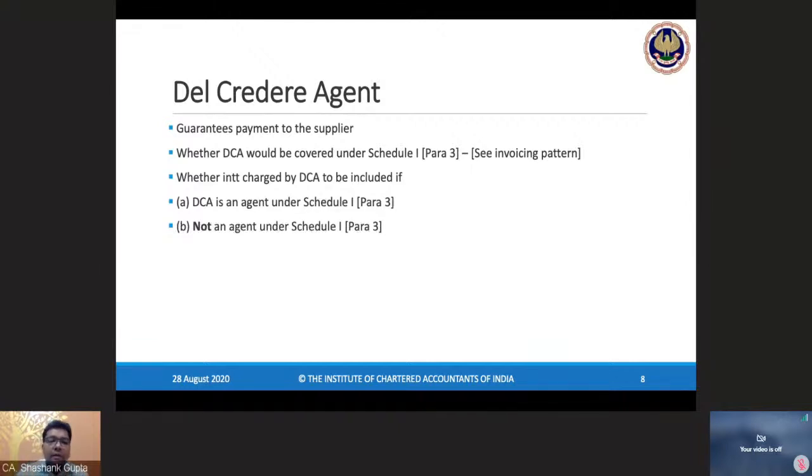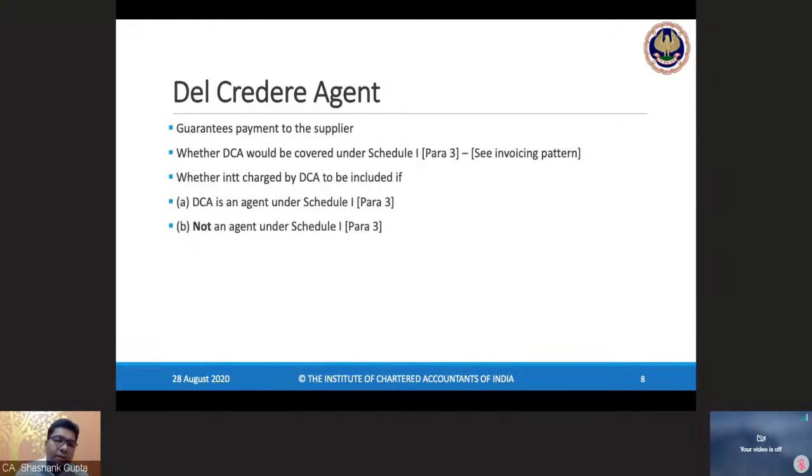I appoint another agent. He says, I can bring you an order for 10 crore rupees. I said, very well, I can pay you 10% commission, but I have had some bad experience in the past. If you can guarantee that this payment will be received, I can pay you 15% commission.